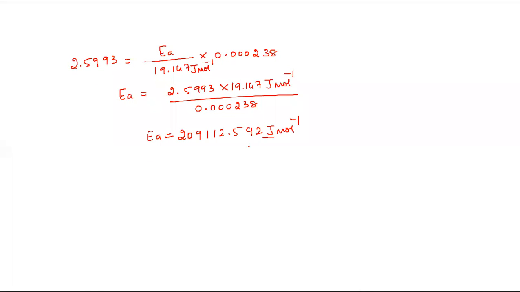To convert joule to kilojoule, divide by 1000, then the decimal moves back by 3 digits. So EA is equal to 209.112 kilojoule per mole. Okay, that's it. So this is the final answer.